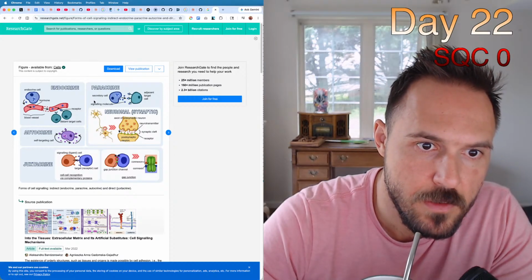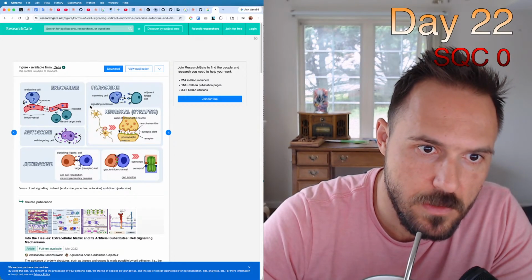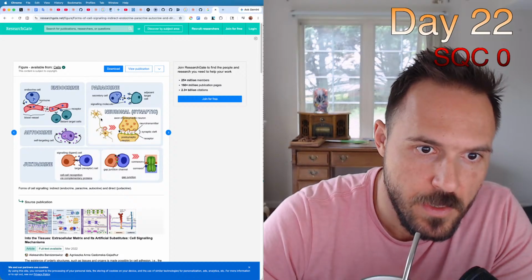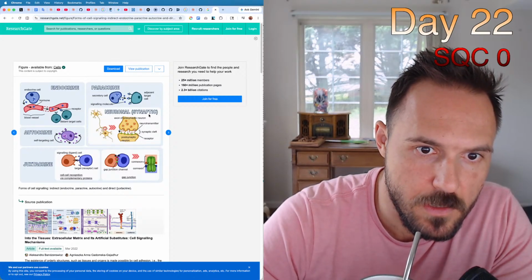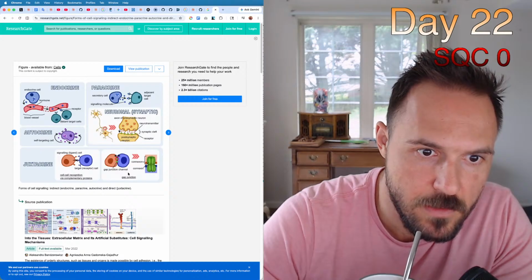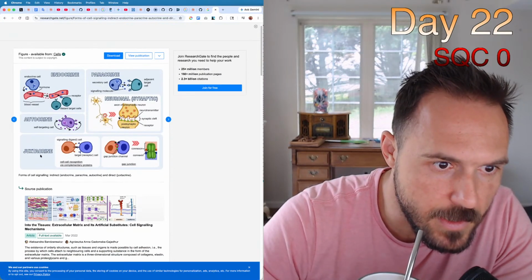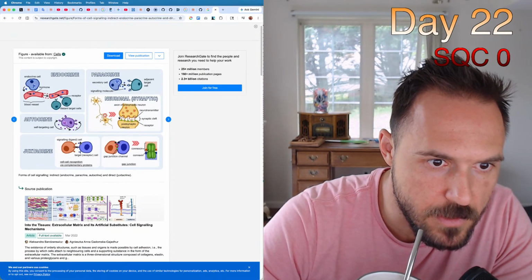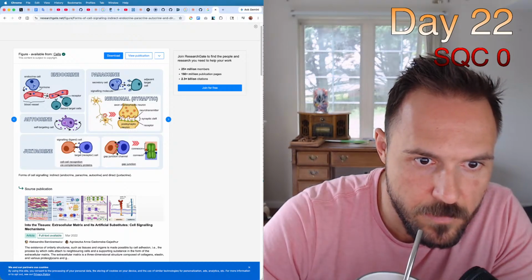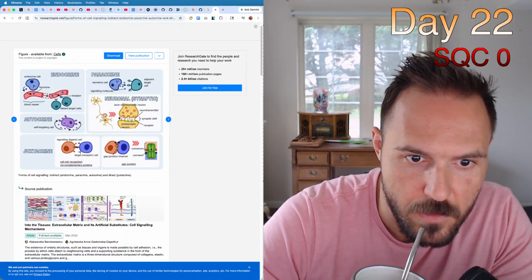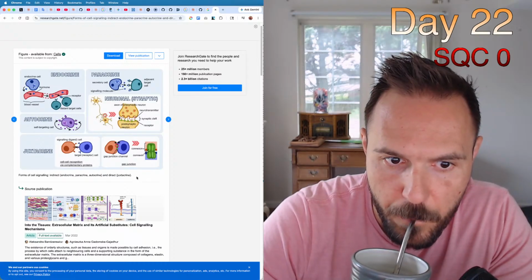Paracrine, multiple cells level. Neuronal synapses. Extracrine, signaling like cell to cell. Wow.